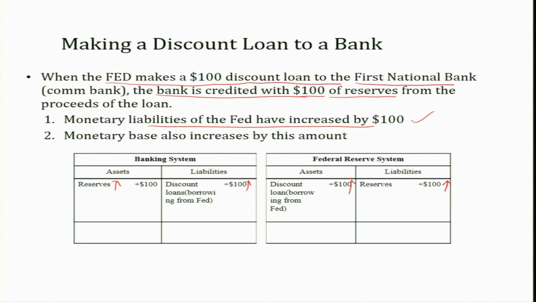So when a central bank gives a discount loan to a commercial bank, the immediate impact is that the monetary base increases by $100.